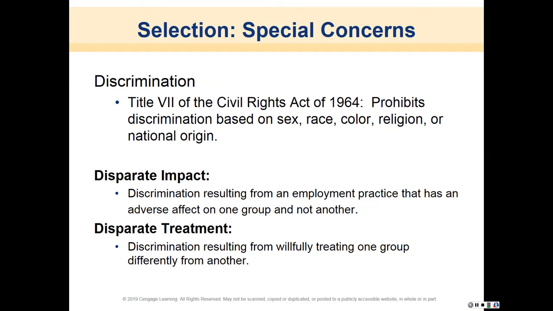The whole reason for my test is because I want people who can reach that top shelf. It has nothing to do with who the people are in terms of sex, race, color, religion, or national origin. But what you'll find is that certain people will fail at a greater rate. So females would tend to fail at a greater rate than males. Asian, Hispanic would probably fail at a greater rate than African American and Caucasian.